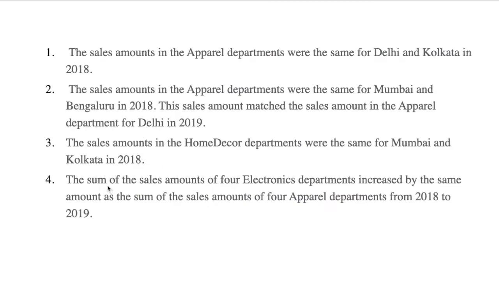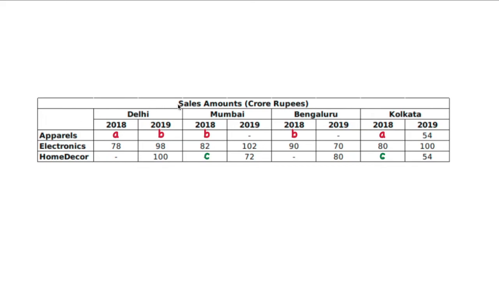So the next condition is the sum of sales of the electronics department increased by the same amount as the sum of sales in apparel department from 2018 to 19. So this is the apparel department, this is the home decor department. The sum of all sales in 2019 minus the sum of sales in 2018 is the increase from 18 to 19.